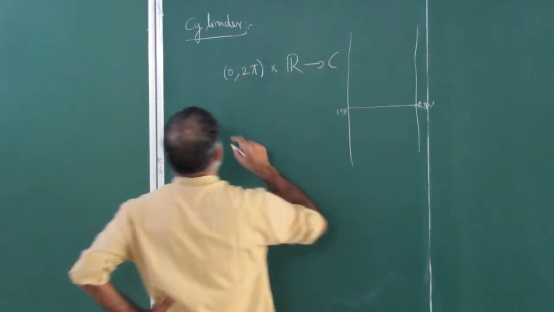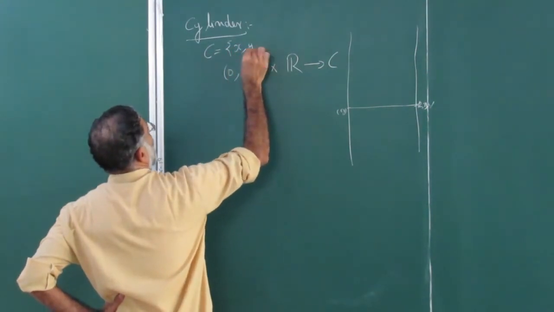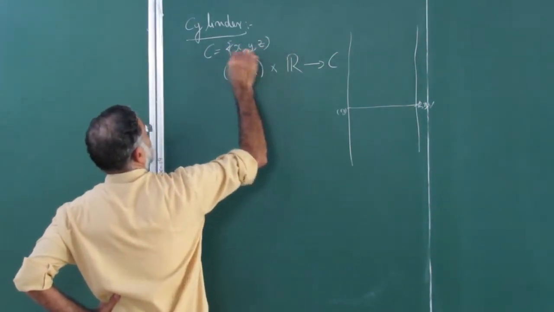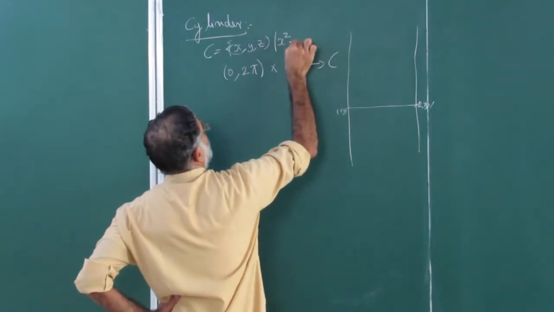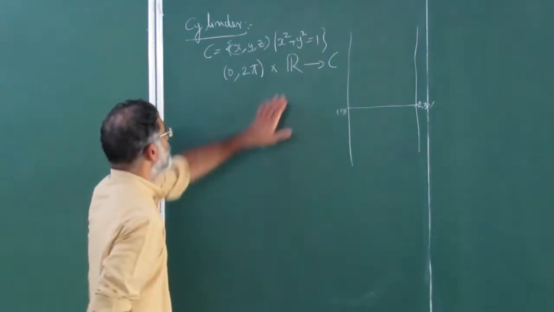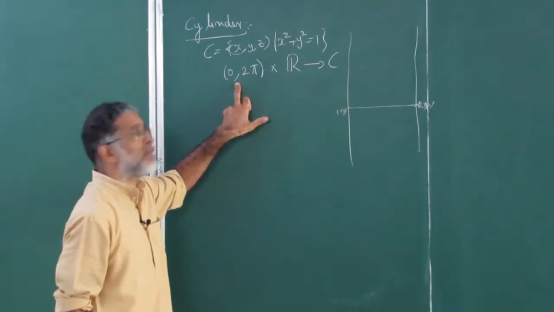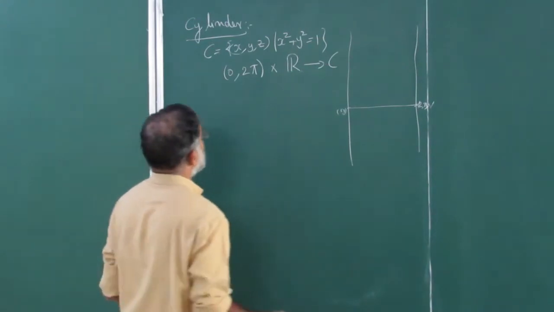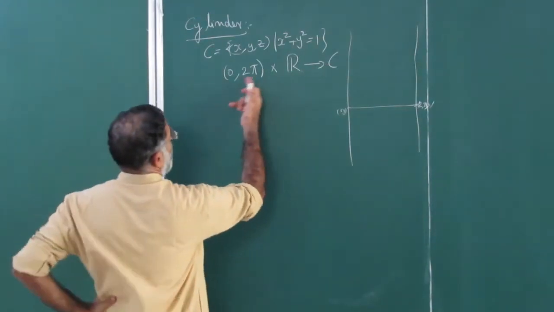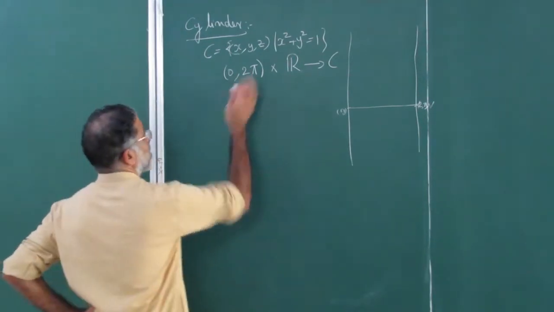The cylinder C is the set of all points of the form (x, y, z) such that x squared plus y squared equal to 1, and z is free. That free one is taken care of by this, and this is the only thing we have to ensure, without any stretching. That's why this 2 pi is required. If it is more, then there is stretching involved, but there is no stretching here.